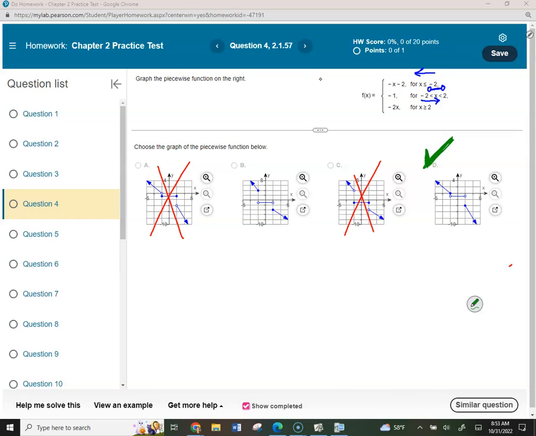Mine's open because of the signs right there. So then yours is not. That's not right. Look, open to open.